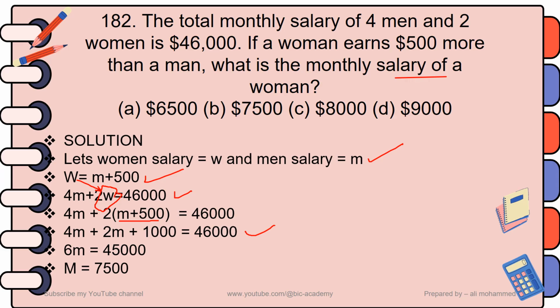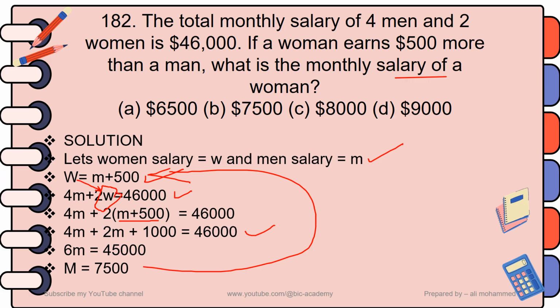But what we get from the information in the question is that the salary of the woman is M + 500. That means the salary of a man plus $500. That means a woman earns $500 more than a man.